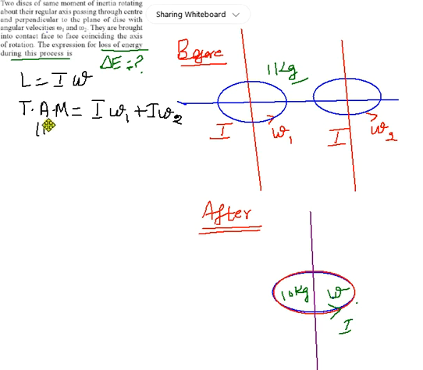This is for the before case. And I am writing the total angular momentum after both the systems coincide with each other. That is the after case. The angular momentum will be given by I, which is the same, and omega is also going to be the same for them.